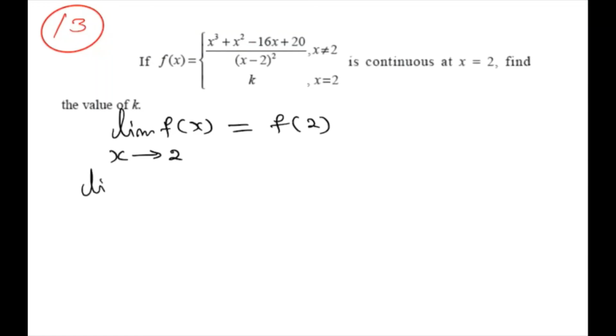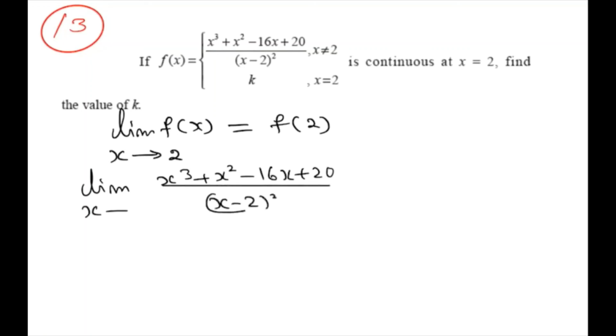So that is the limit of x cube plus x square minus 16x plus 20 upon x minus 2 the whole square as x tends to 2. So f of 2 is k.